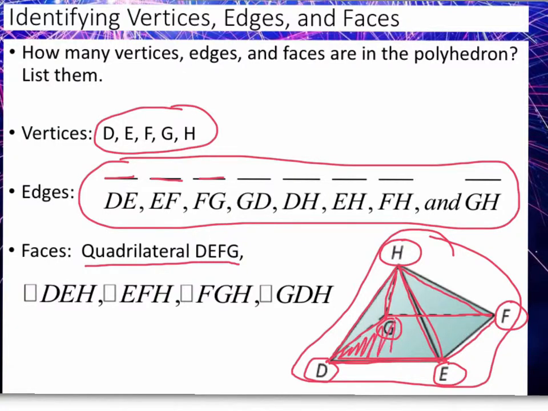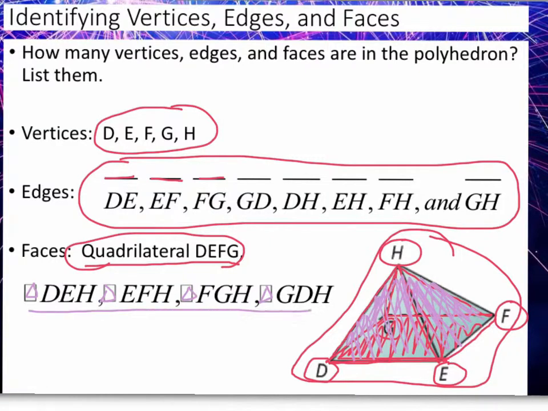I'm going to color it in red. That's the first one that's labeled here. Let me use a different color. Next we have, this should be triangle, triangle, triangle, and triangle. And notice all the triangles right here. There's one up front, one on the side, one in the back, and then one on this side. Okay, there's 4 total. So these are all of the triangles that are the polygons that make up the faces.